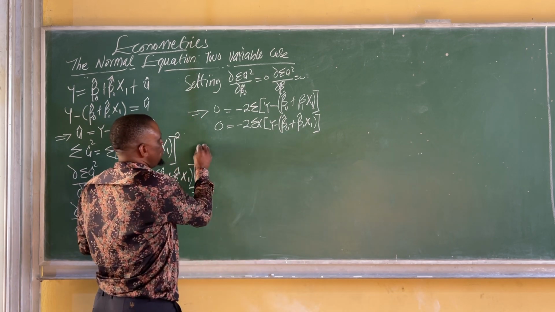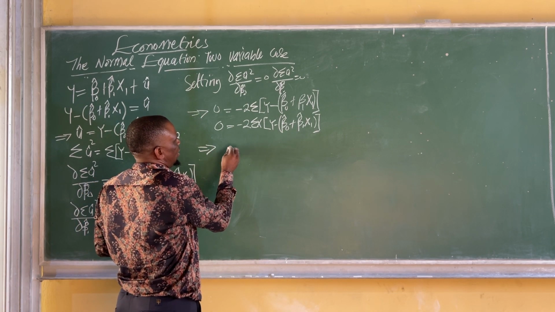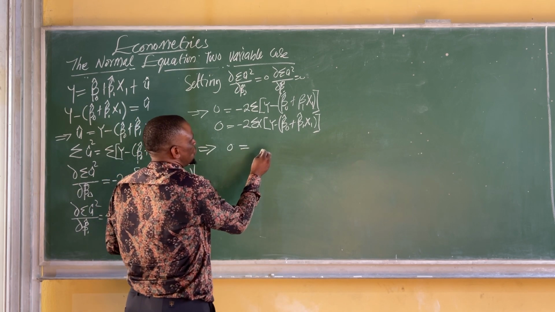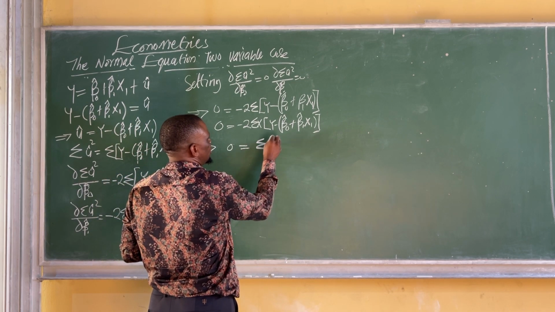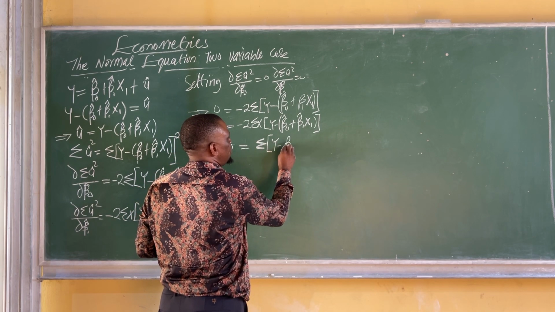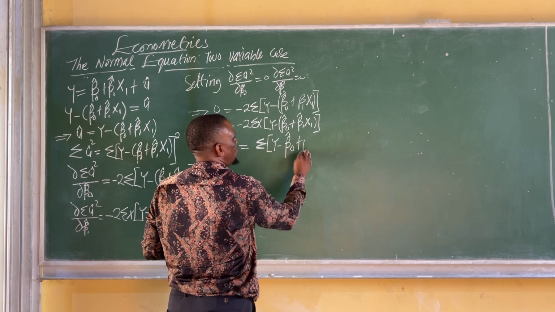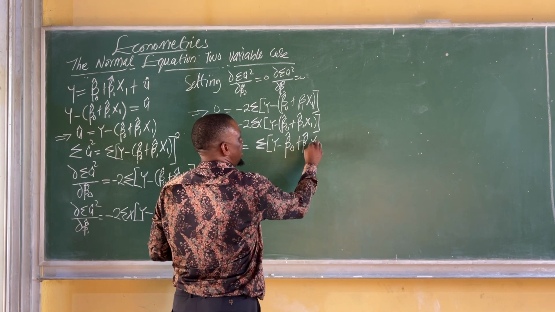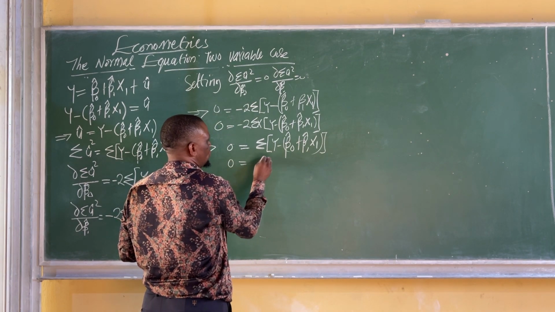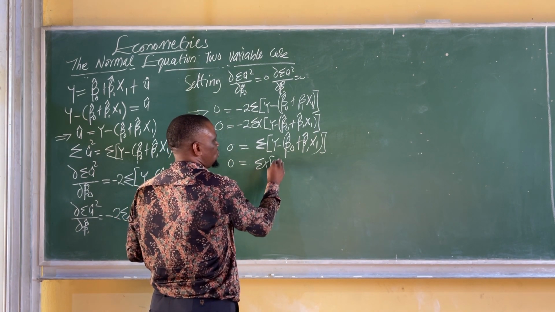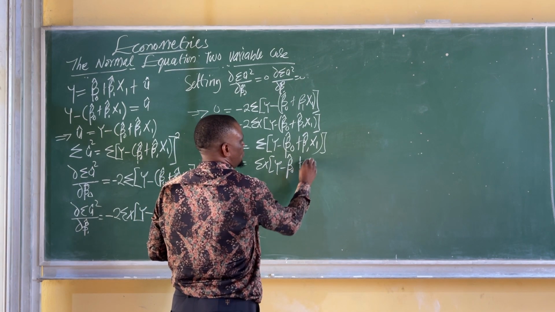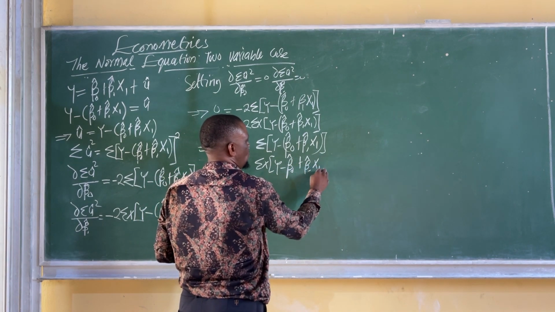So we'll be left with 0 equal to summation of y minus beta 0 hat plus beta 1 hat x1, and then 0 is equal to summation of x into y minus beta 0 hat plus beta 1 hat x1.